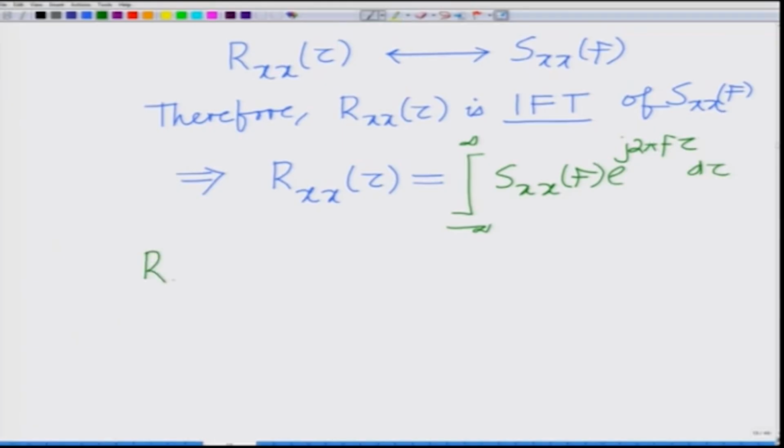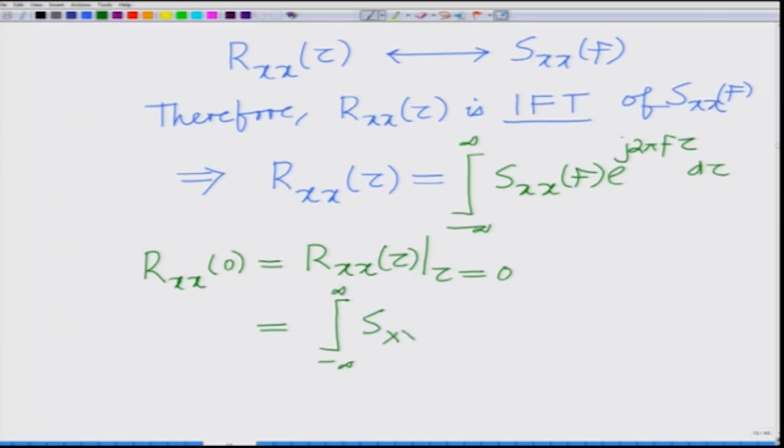Now, let us evaluate Rxx(tau) at tau equal to 0. Rxx(0) is nothing but this inverse Fourier transform, the integral of Sxx(f) e to the power of j 2 pi f tau df, evaluated at tau equal to 0. I am sorry, this has to be df.